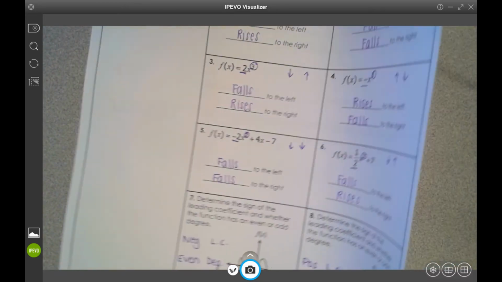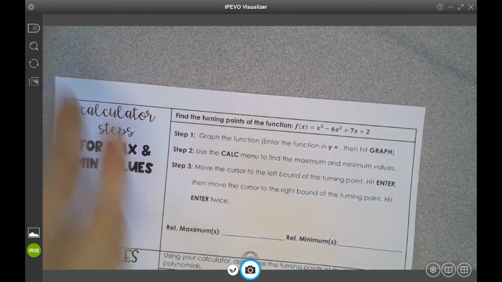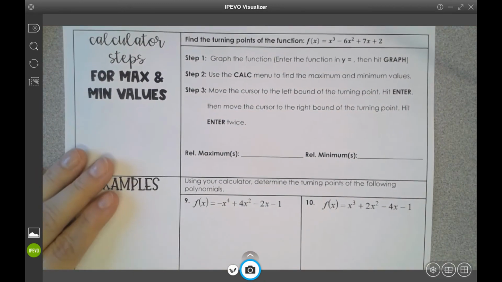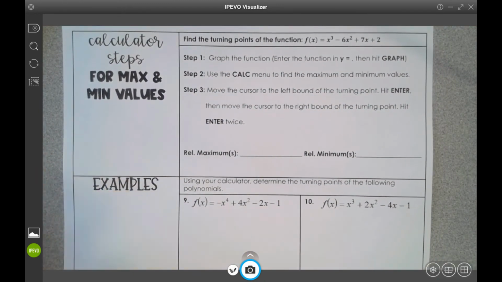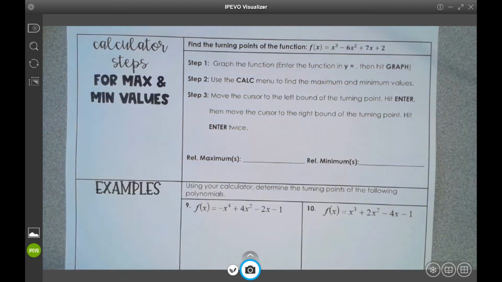Yep. All right, so we can do these in the calculator, but there are some complicated steps just because the calculator is a little funky. You're only going to learn to use the calculator on these, so you'll get good at doing it. So get your calculator, and there's a function up there, and I want you to type that in: x cubed minus 6x squared plus 7x plus 2.